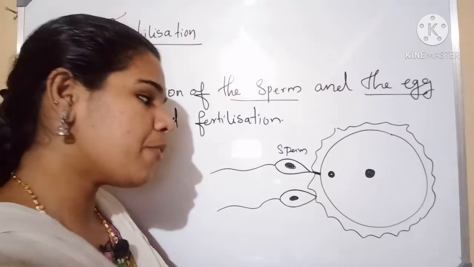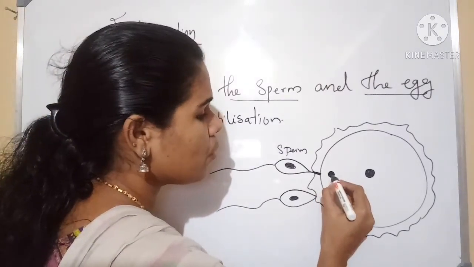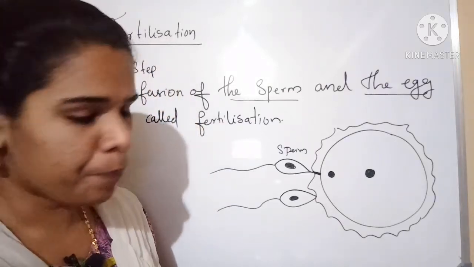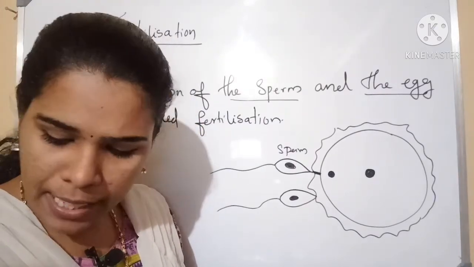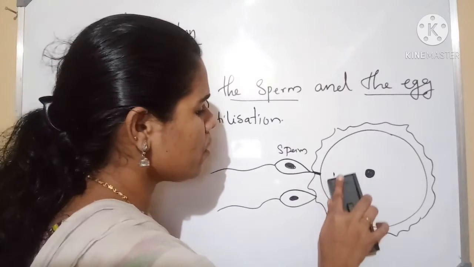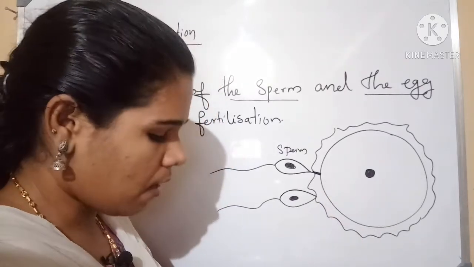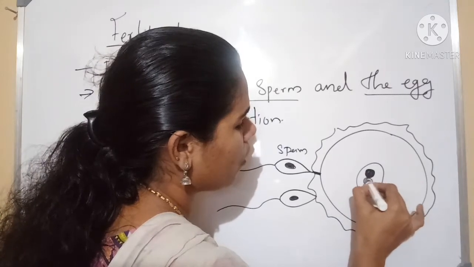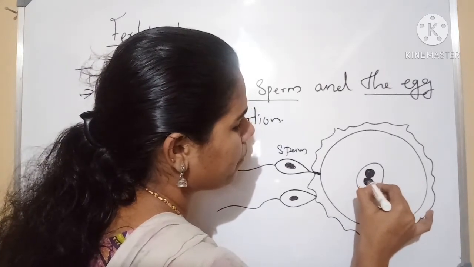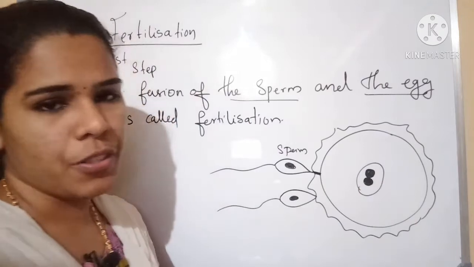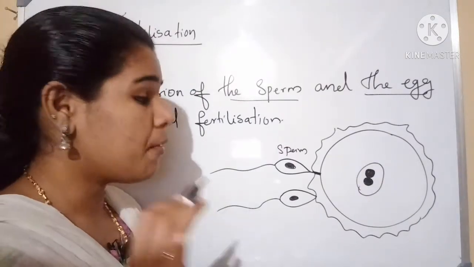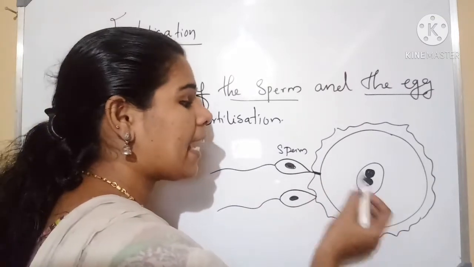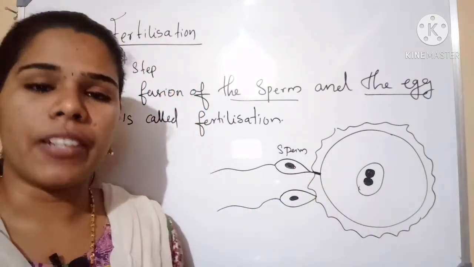And after that, the nuclei of the male and the female gamete fuse. This fusion is called what? Fertilization. So actually the fusion of the sperm nucleus and the egg nucleus is called fertilization.